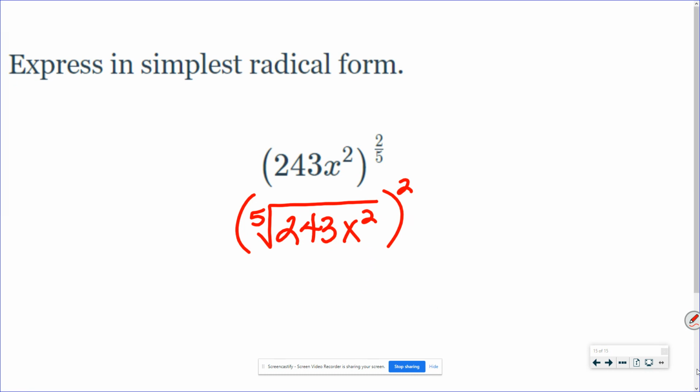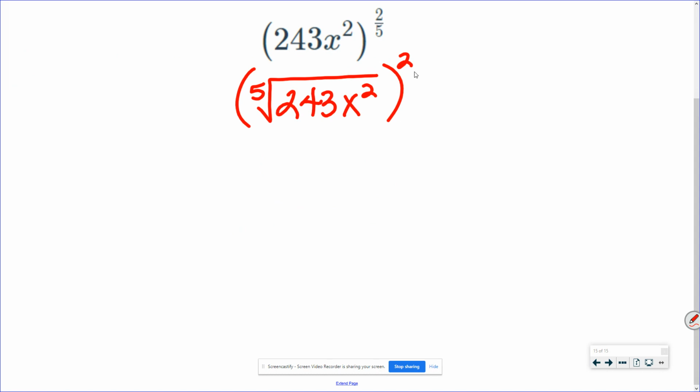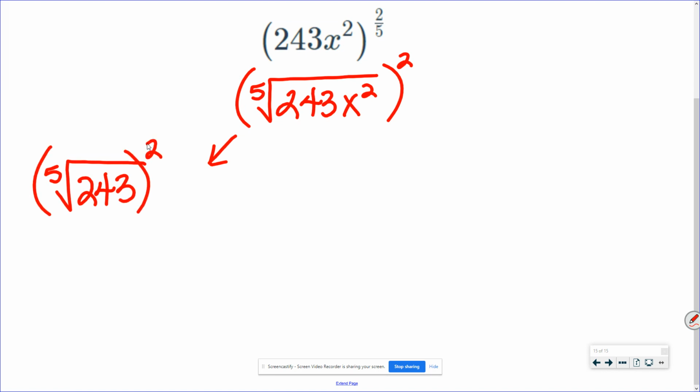And then actually, I think what we do want to do is look at the number separate from the letters. So maybe I'll go over here to the side, and I'm going to try to figure out if I can simplify this part with the 243. Grab a calculator and see if you can figure out the fifth root of 243. That is actually just 3.